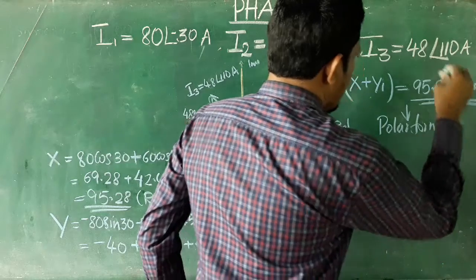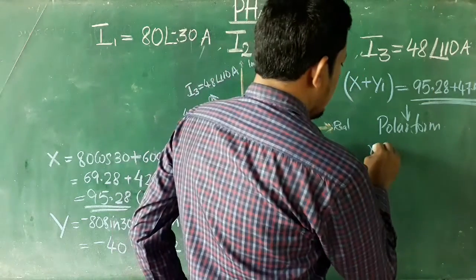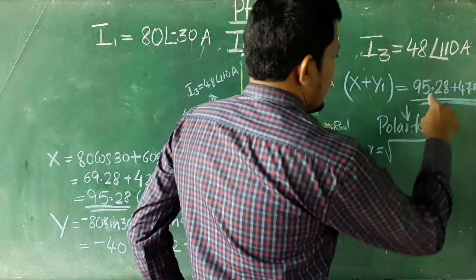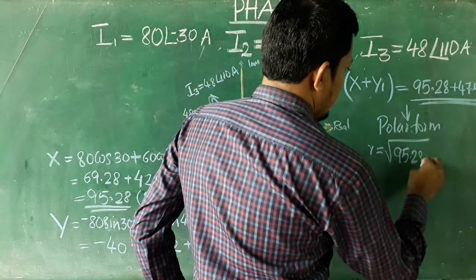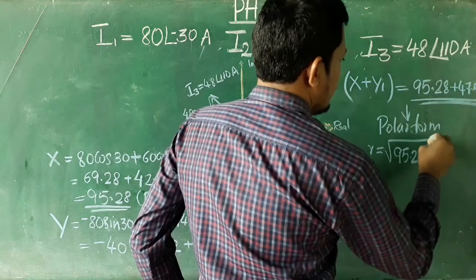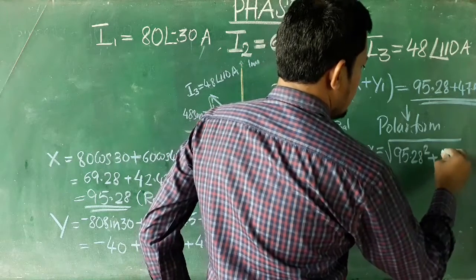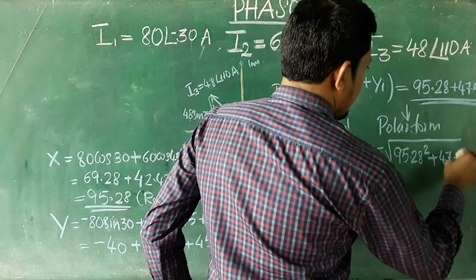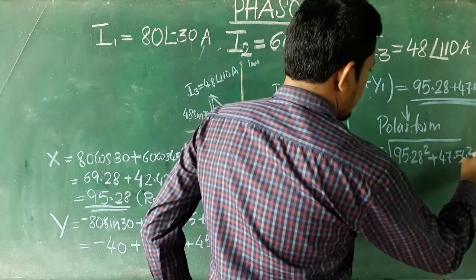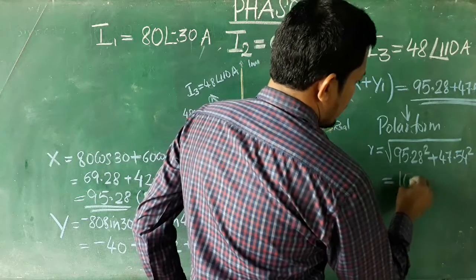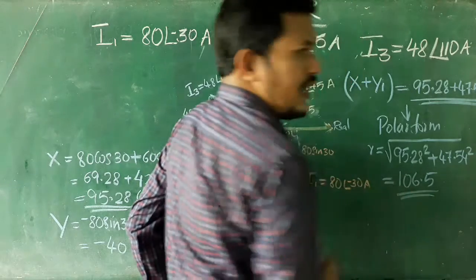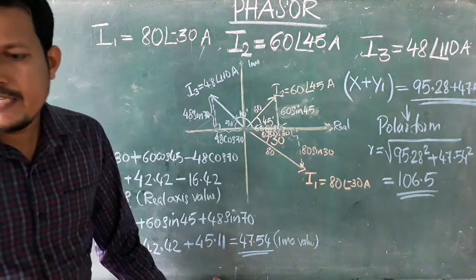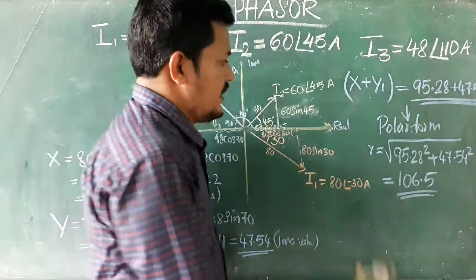Polar form. So the magnitude R is the root of the real part squared, 95.28 squared, plus the imaginary part squared, 47.54 squared. We will get 106.5 as the value. Clear. Next we want to find theta.